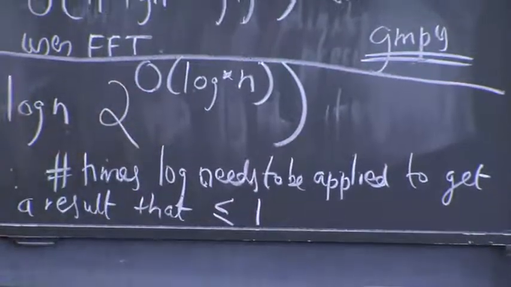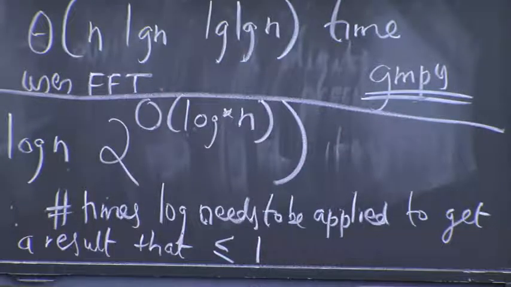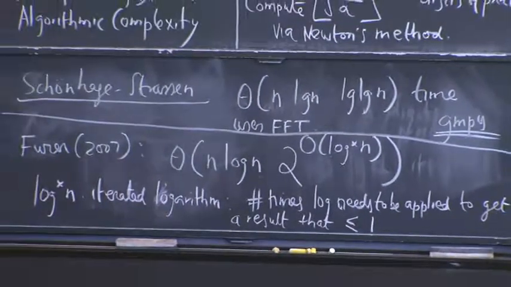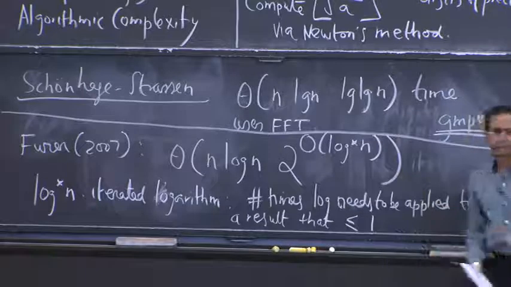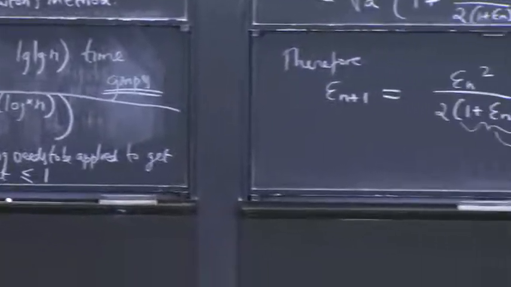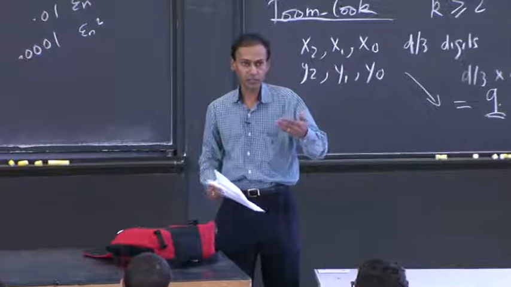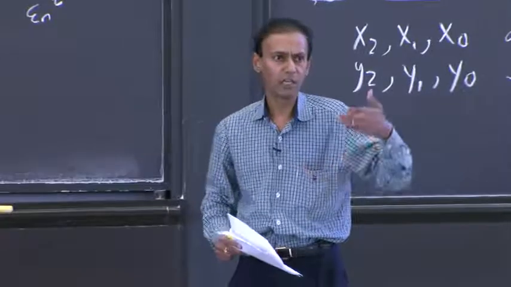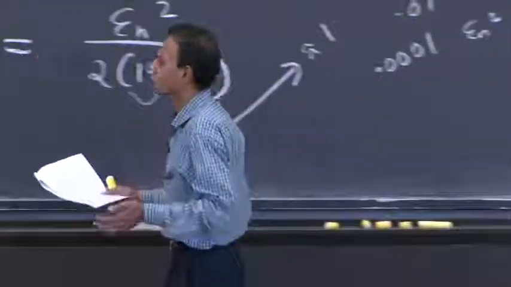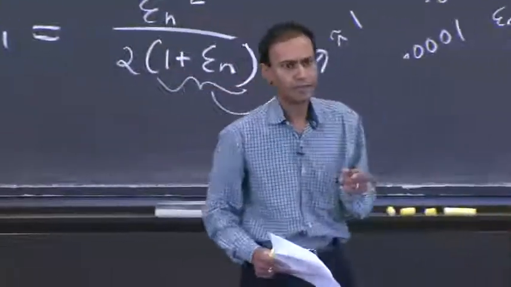So this really cuts you down to size really fast. It doesn't matter. You could be 10 raised to 24 or 2 raised to 50, let's say, if you were doing binary logs. And in the very first iteration, you go down to 50. And then you take the log of 50, and you go down to about 7 or something. And then you take the log of 7, and if you're talking about base 2, like we were, you're down to less than 3, and so in 4 or 5 iterations, you're down to less than or equal to 1, and that's what log star n computes.